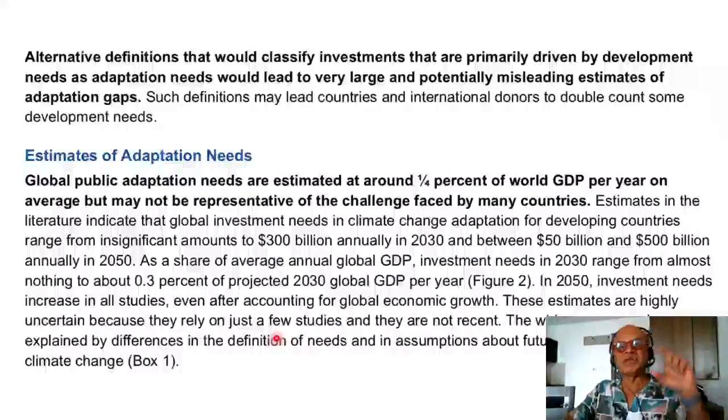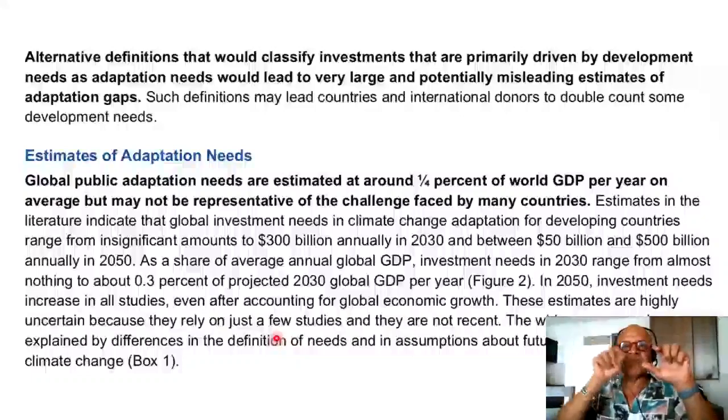So adaptation gaps are essentially where you need to be, let's say, in terms of investments to protect against climate risks that are coming down the pipeline, and you have development needs for which you are building things.